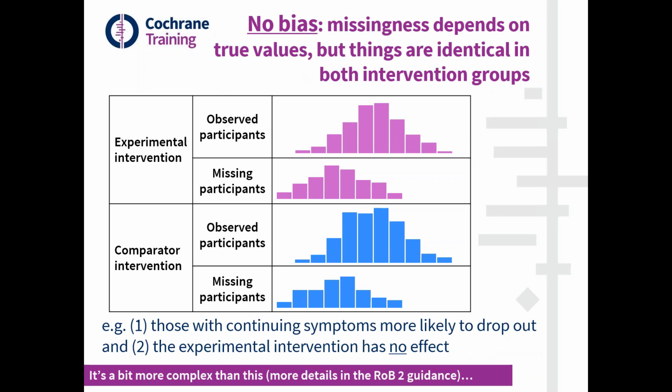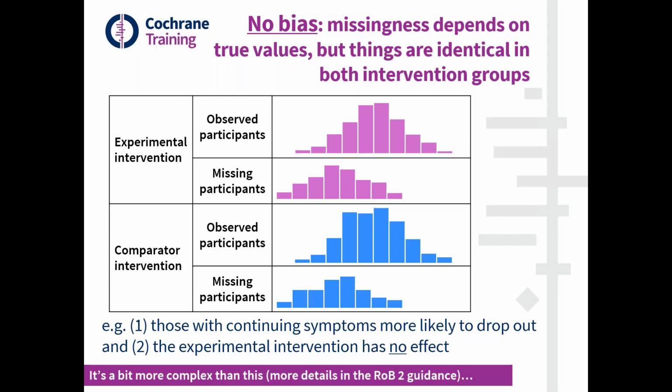Here's a third example. Here's a situation where, in fact, there is no bias, but it doesn't look like the first picture. Here, again, the observed data are identical, but the missing data do depend on the true value, because those with less cognition, shifted to the left, are less likely to be observed, but everything is identical in the two groups.